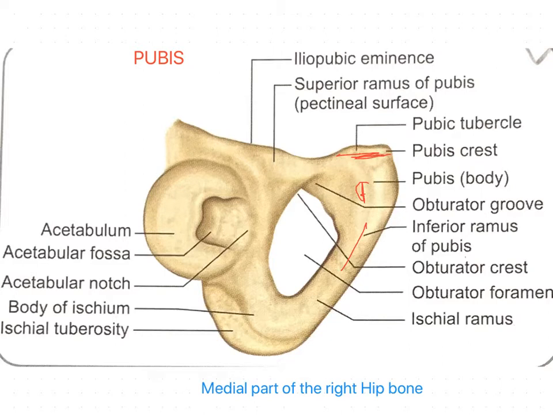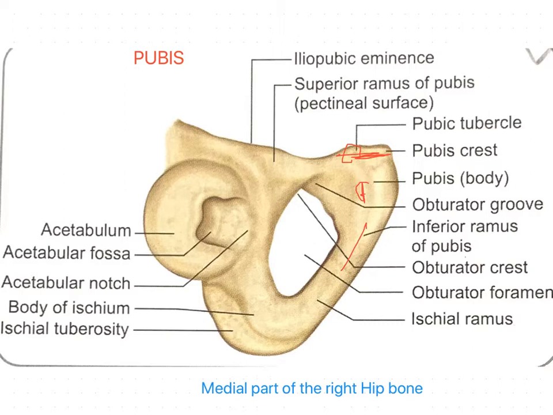The body has three surfaces: anterior, posterior and medial. The pubic tubercle is an important landmark.